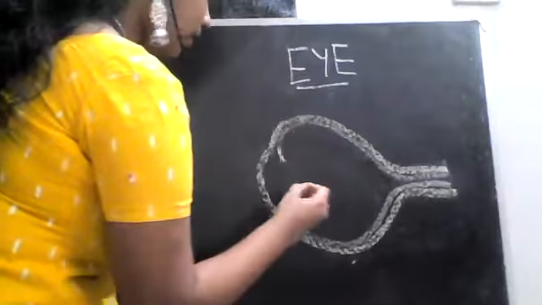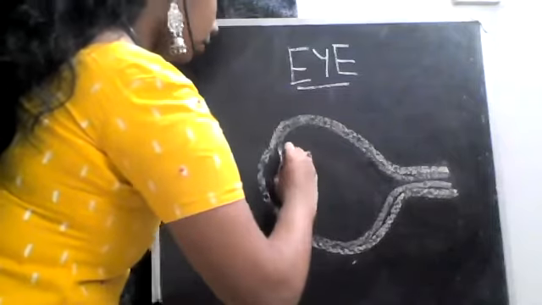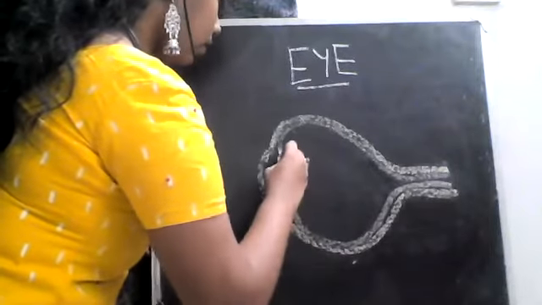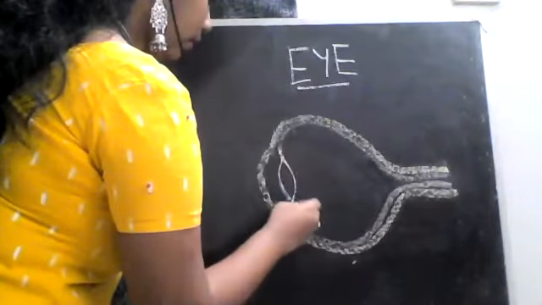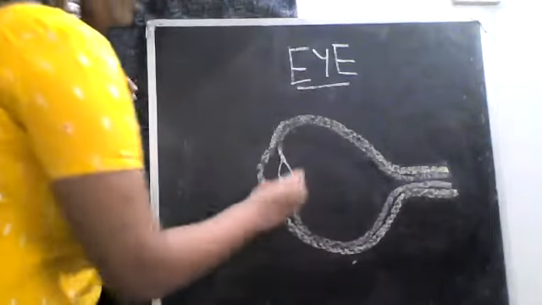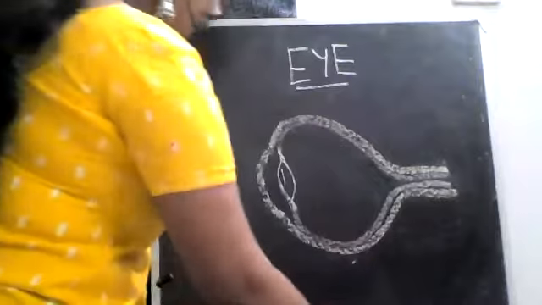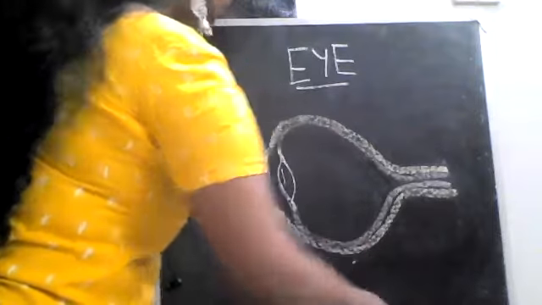These fibers are what hold the lens within it. The lens is what helps us form an image inside the eye.